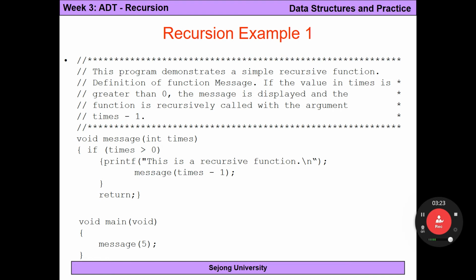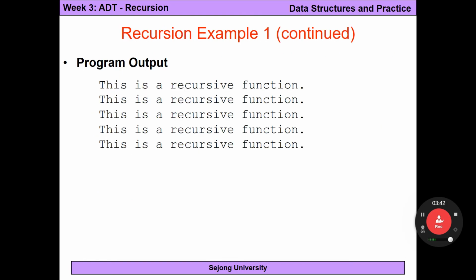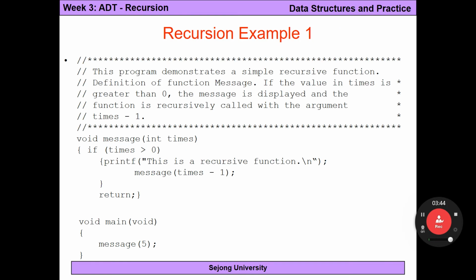In the case of head recursion, it would be much easier and more beneficial for you to use the recursion concept. I will show you in the upcoming example. This is the output for this program.